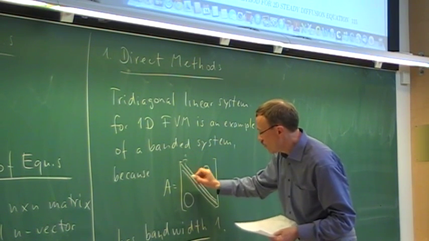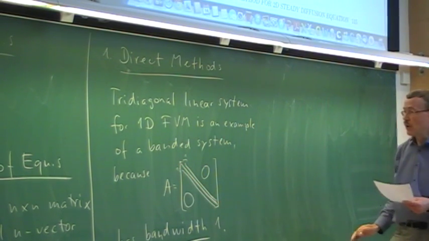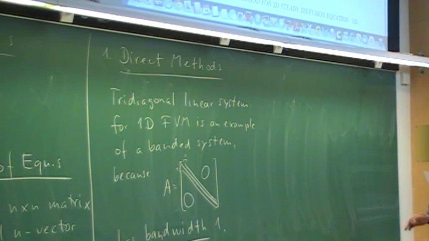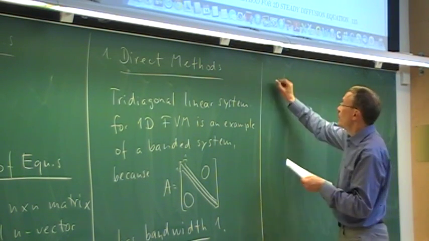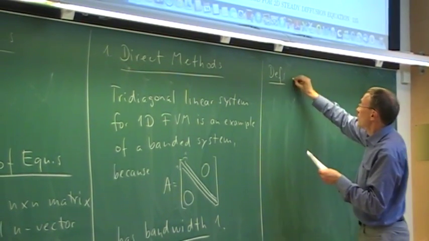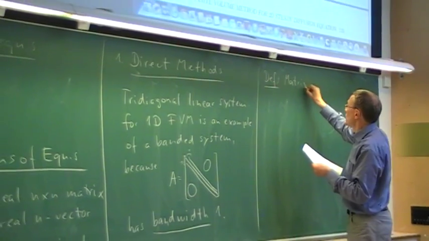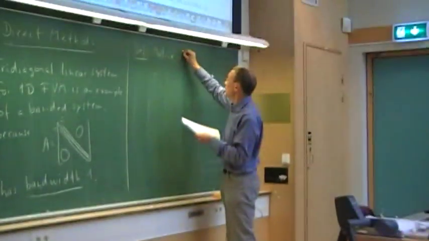So here we have a 1, and we have also here a 1. So we have one diagonal off the main diagonal that is not 0. We have a definition for the bandwidth. And those of you who took TP4280, Introduction to CFD, have already seen that.